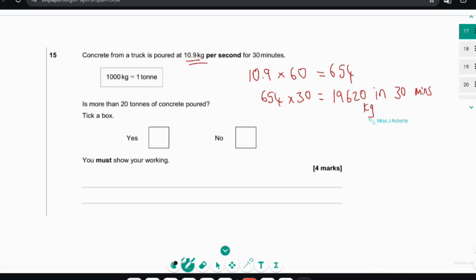So this is kilograms. Let's divide it by 1,000 to get it into tons. 19.62 tons is not more than 20 tons, and therefore not.